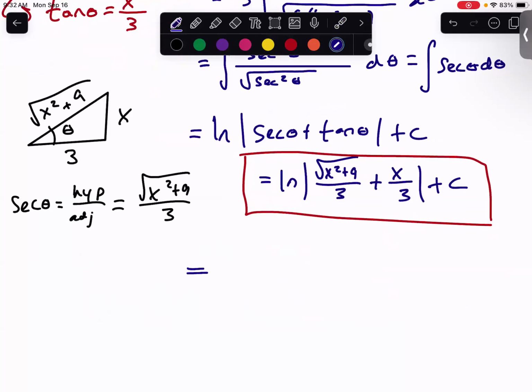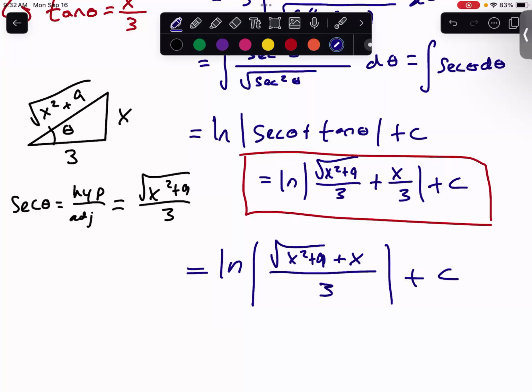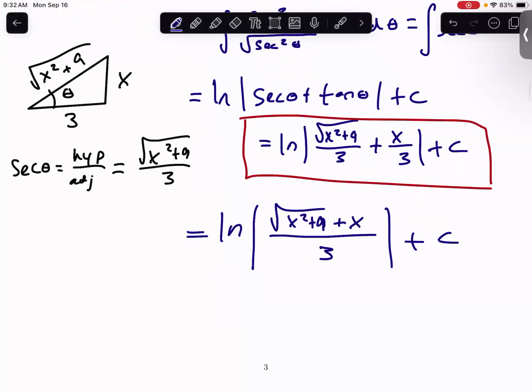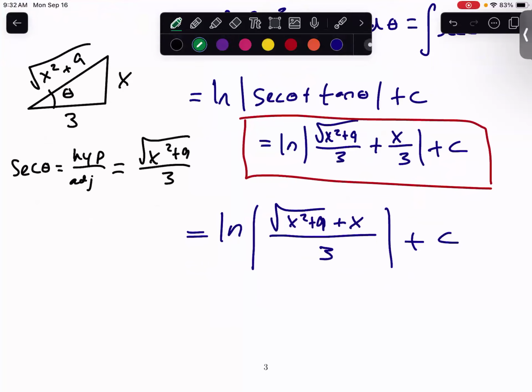So what you can do to take this a little bit further is this is really the natural log of the square root of x squared plus 9 plus x over 3, plus c. And so what you can do using the property of the natural log, a property we used earlier, like in the first week of class, but you don't really use it all that often.